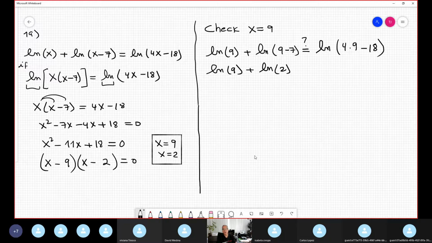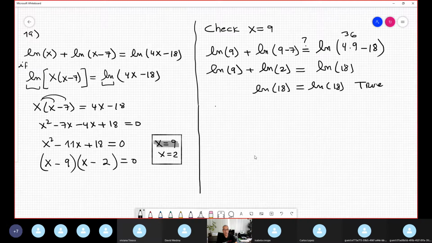Because 9 minus 7 is 2, should be equal to natural logarithm of 36 minus 18, which is 18. Wow, fantastic! Because when you condense these two logarithms into only one, you multiply, applying property number 5. So logarithm of 18 is equal to logarithm of 18. True statement. That means the solution is super good.